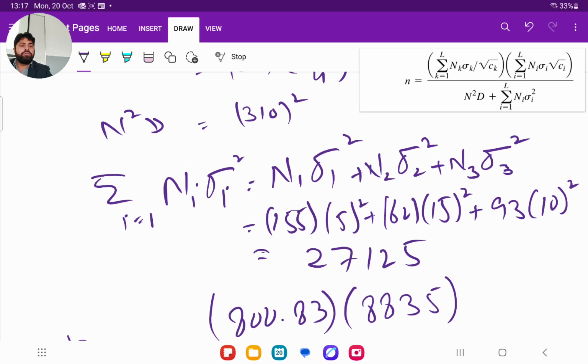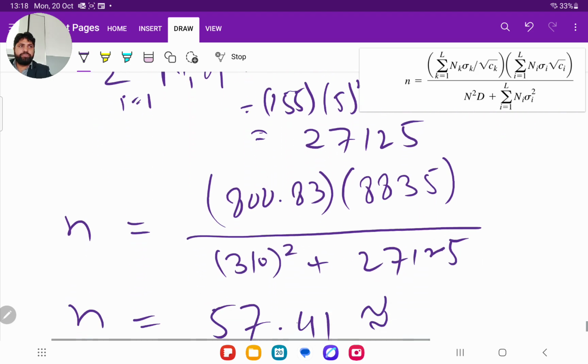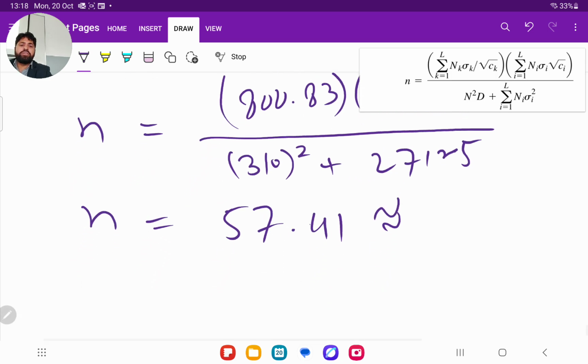Yes, sigma 3 is 10. It is given, and sigma 3 square according to the formula is 10 square. So we could say it is approximately 57 or 58. It is up to you.